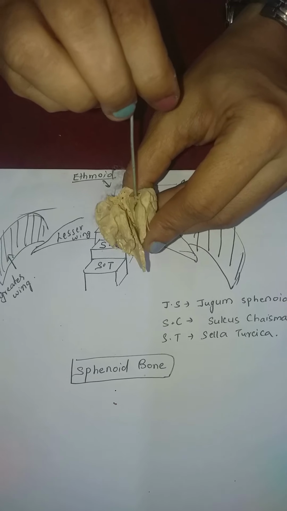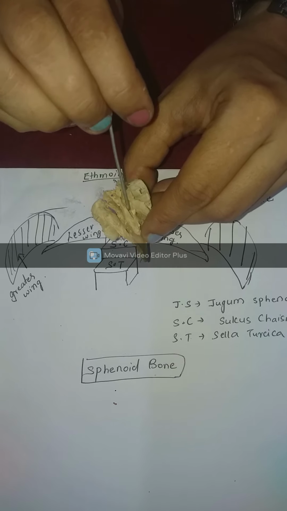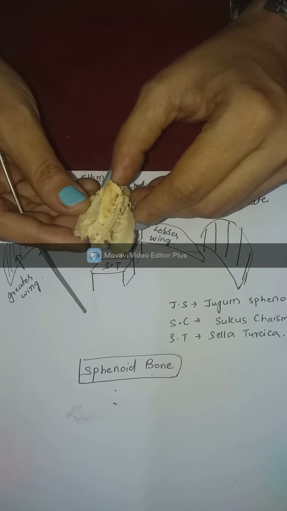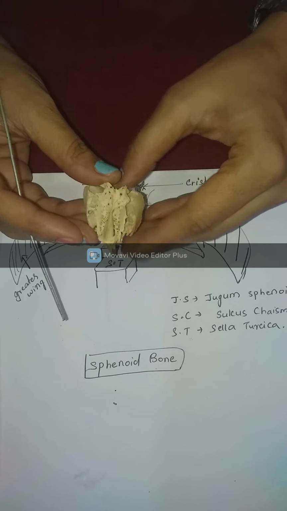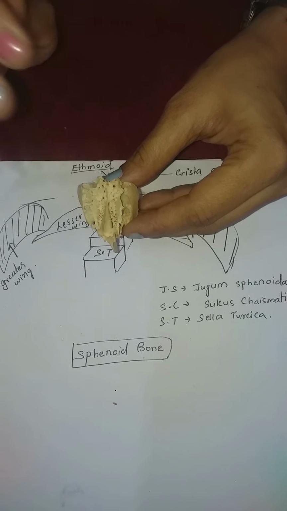Under the superior concha, superior meatus, how delicate, see, and middle meatus. Holding it again in the normal anatomical position, keeping the crista galli anteriorly, cribriform plate superiorly.